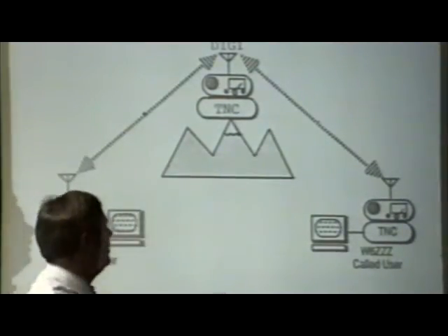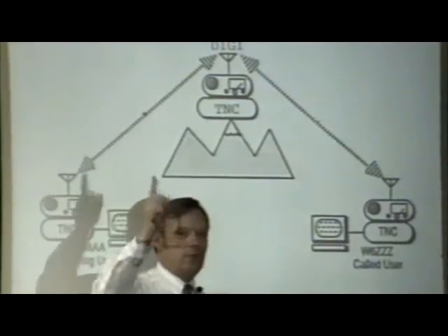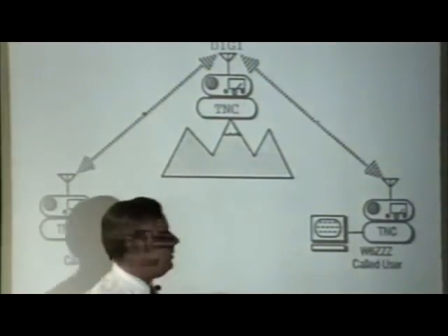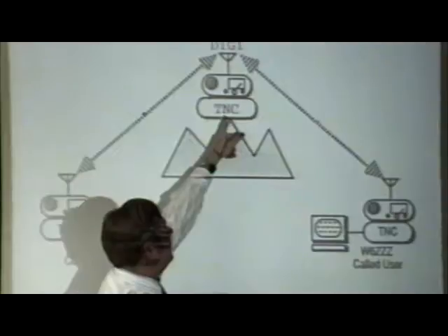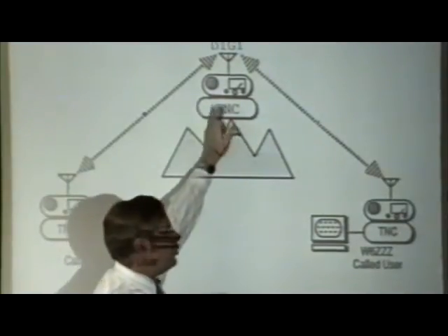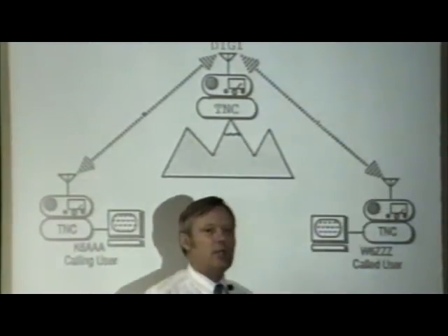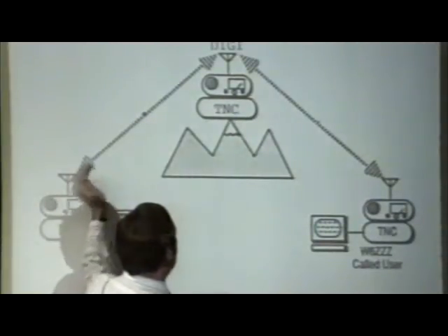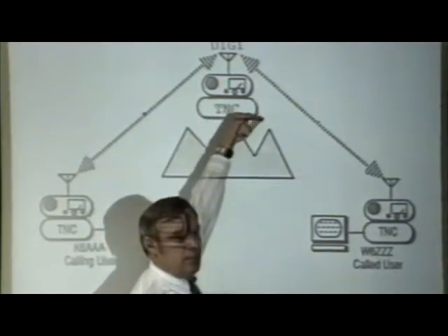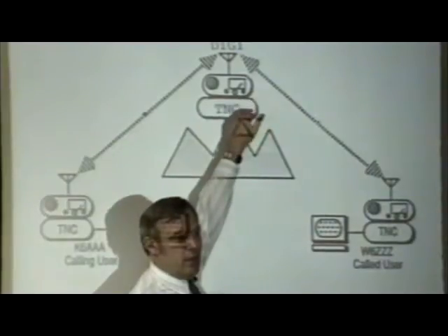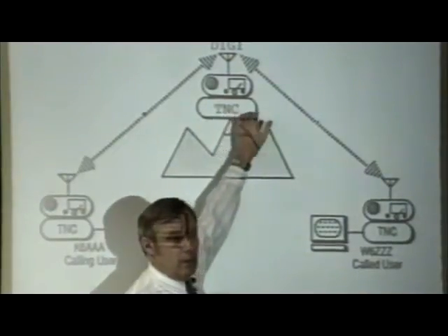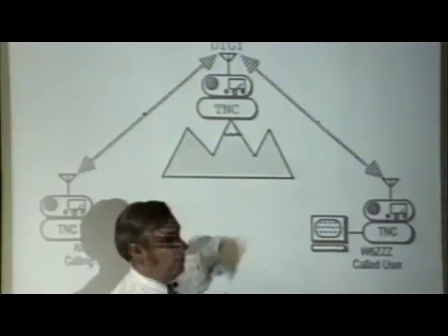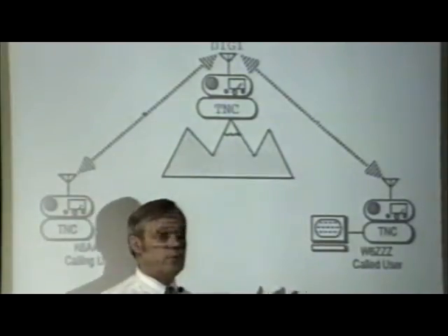Okay? Now, and this is very, very important. Once this TNC sends out that frame, he clears it out of the buffer. In other words, if he sees a frame for him that he has not repeated, and it comes in with an error in it, he throws it away, because he doesn't even know if the address is correct.